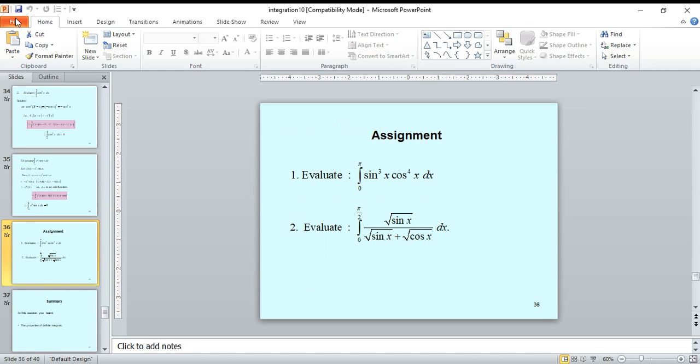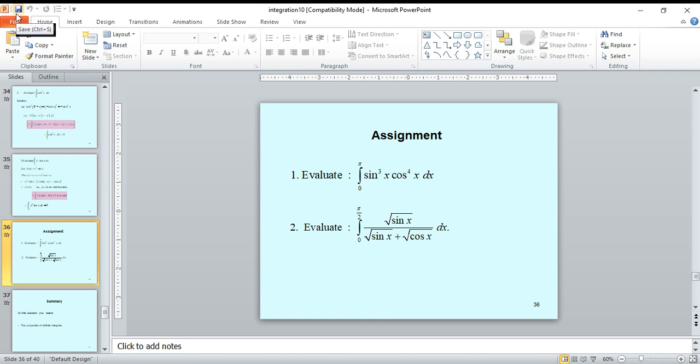Assignment: evaluate integration 0 to pi sin cube x into cos power 4x dx. Next, evaluate integration 0 to pi by 2 root sin x by root sin x plus root cos x.